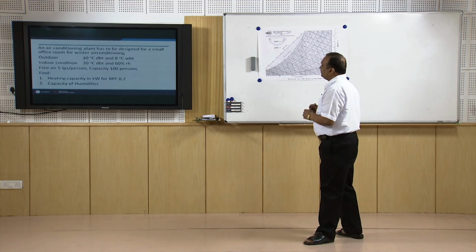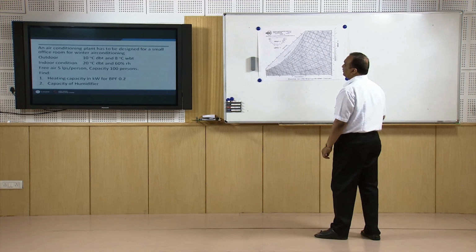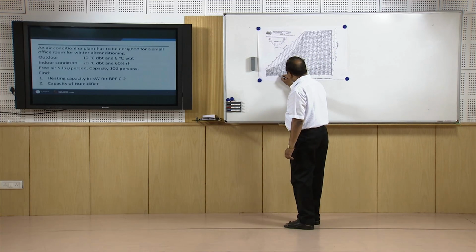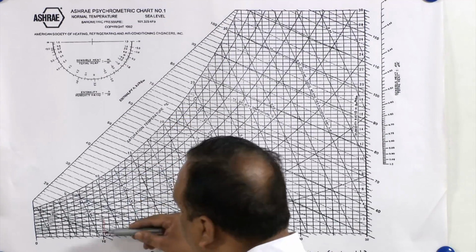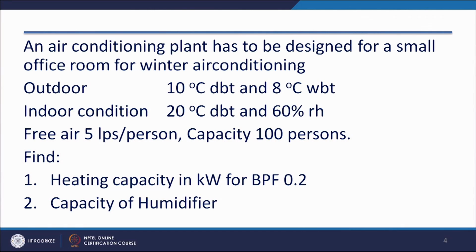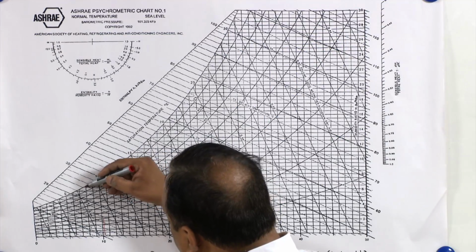So, in this case, if we take the outdoor conditions, that is 10 degree centigrade dry bulb temperature, this is the constant dry bulb temperature line, and 8 degree centigrade wet bulb temperature. So, 5, 6, 7, 8. This is the wet bulb temperature and we will follow this line.